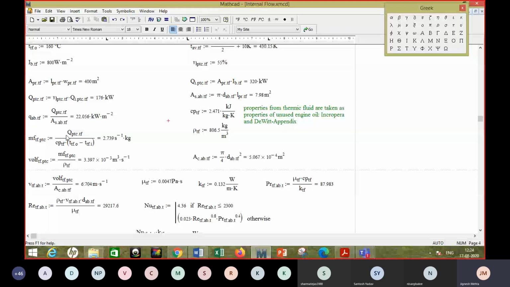So this is the total heat that is going into the fluid, and Cp into temperature change is also given. So that is 160 minus 134. So how much mass flow rate of the oil do you need? You need 2.739 kg per second. That's the mass flow rate.